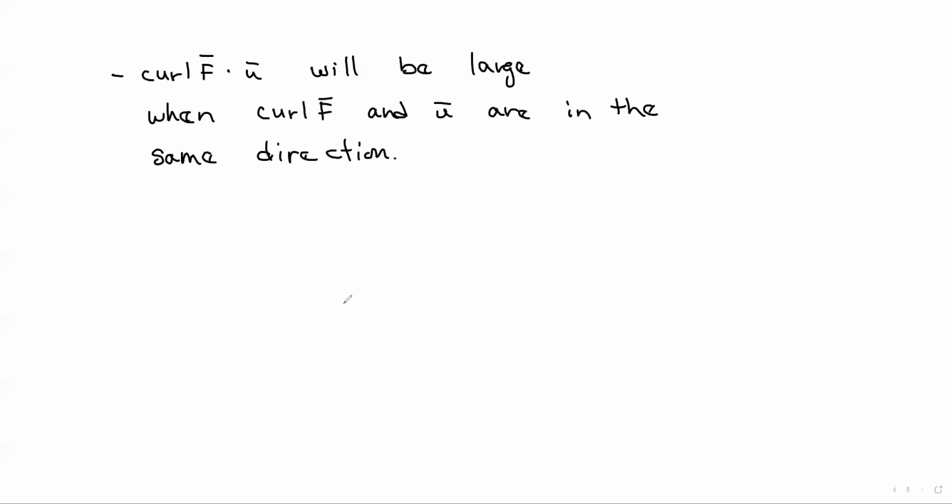Okay, so what does that mean? All right, so if you imagine, we've got our rotation in the vector field. We've got here's our curl of f. We have our comparison vector, a second vector, a vector u, right? And so this situation here, this would represent a large result where the two are parallel.